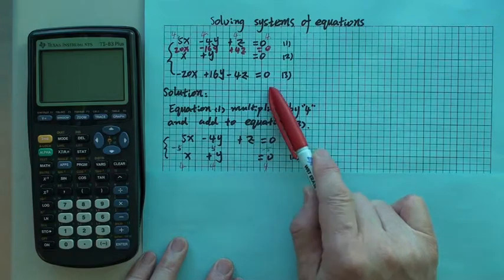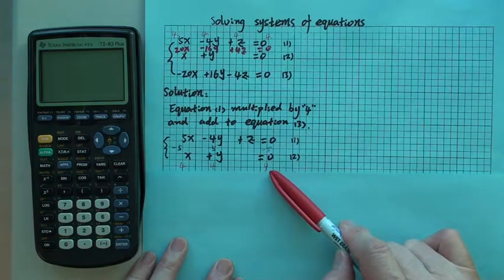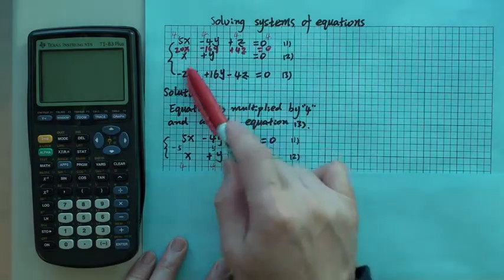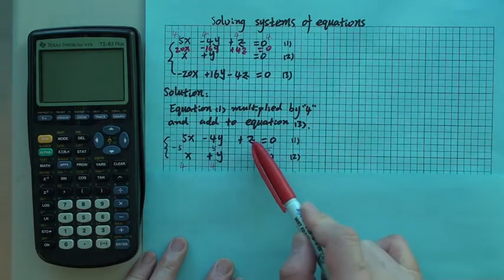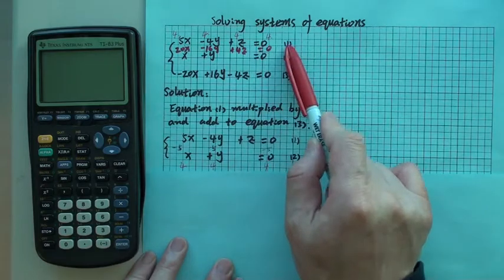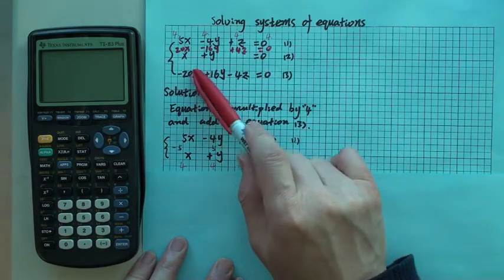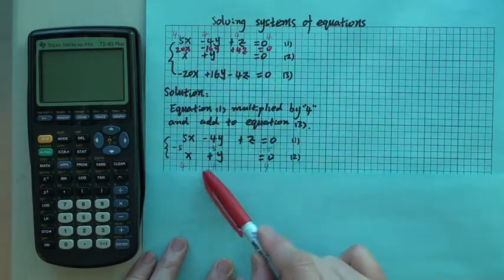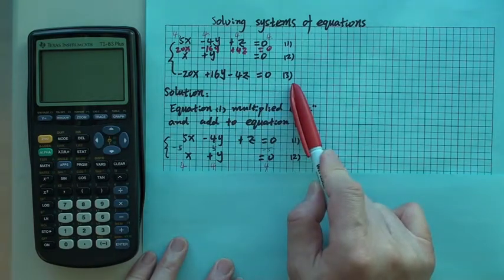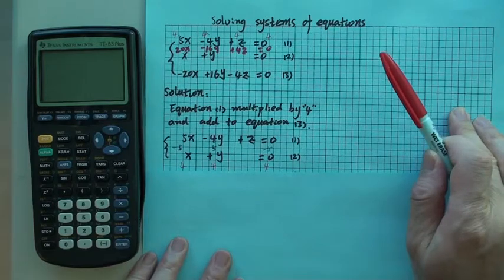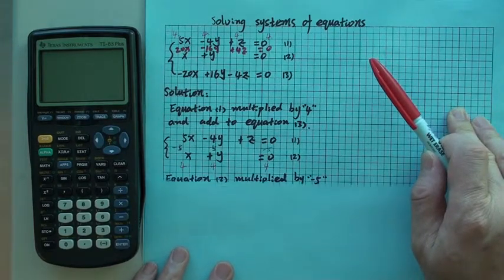If it's 0 equals 0, we don't write that. So basically this system is simplified to 5x minus 4y plus z, that was the first one, and then the second one is x plus y equals z. And the third one does not exist anymore.